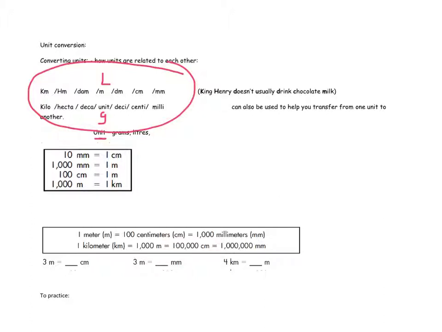If I have 3 meters and I want to change it to centimeters, I am going from meters to centimeters, to the right. If I have 3, my decimal is actually after the 3, I just don't write it. I'm now moving it 2 places to the right. This is now where my new decimal is. I'm filling this in with zeros. That means 3 meters is equal to 300 centimeters.